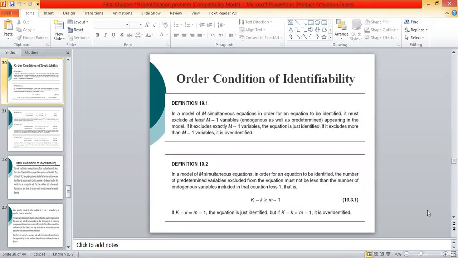Second, look at the number of variables in the equation of your interest, and then take the difference of these two numbers. If the difference is equal to M minus 1, the equation will be exactly identified, and if this difference is greater than M minus 1, the equation will be over identified.